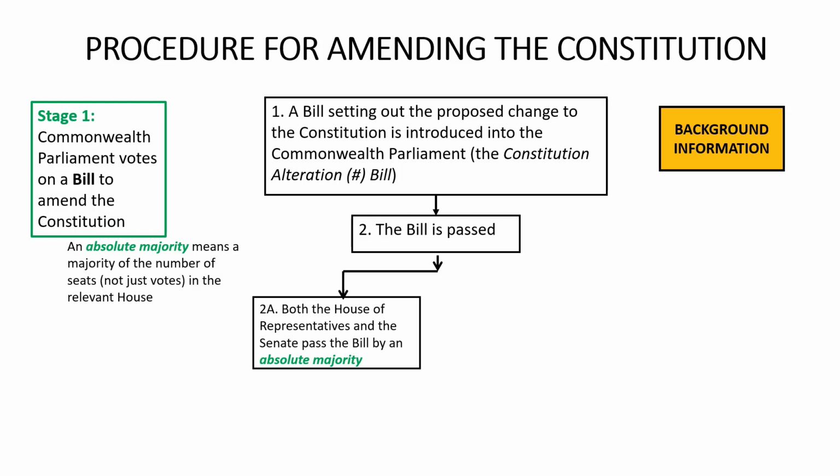This means that it must be supported by more than 50% of the members of the House of Representatives, that is, by at least 76 members of the House of Representatives, and by more than 50% of the senators, that is, by at least 39 senators. This is the usual way in which a bill to amend the Constitution will be passed by the Commonwealth Parliament.